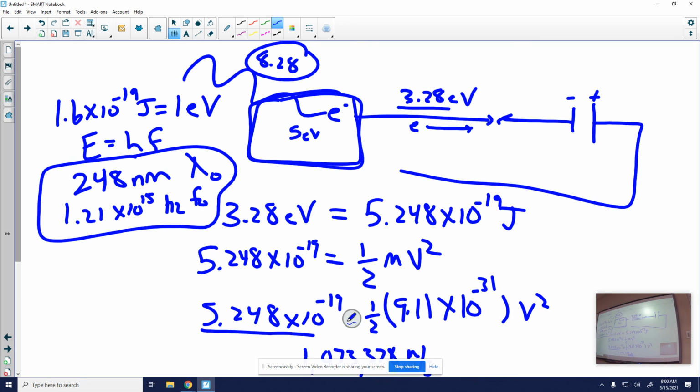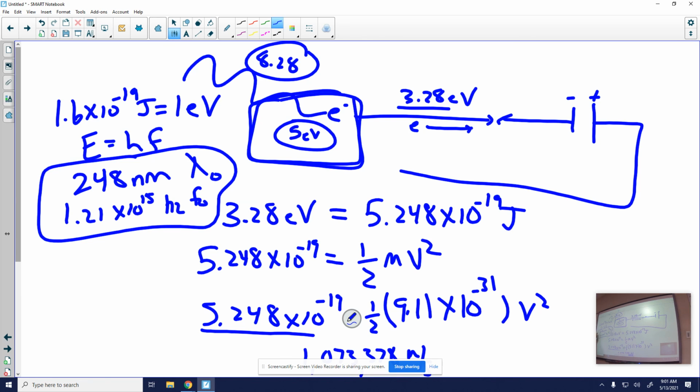The work function is the energy that corresponds to that frequency. We said it was 5 electron volts. Where do you get that from? Well, if we take 1.21 times 10 to the 15th and multiply by h, you'll get joules. And we take that joules, divide by 1.6 times 10 to the negative 19, you get 5 electron volts.